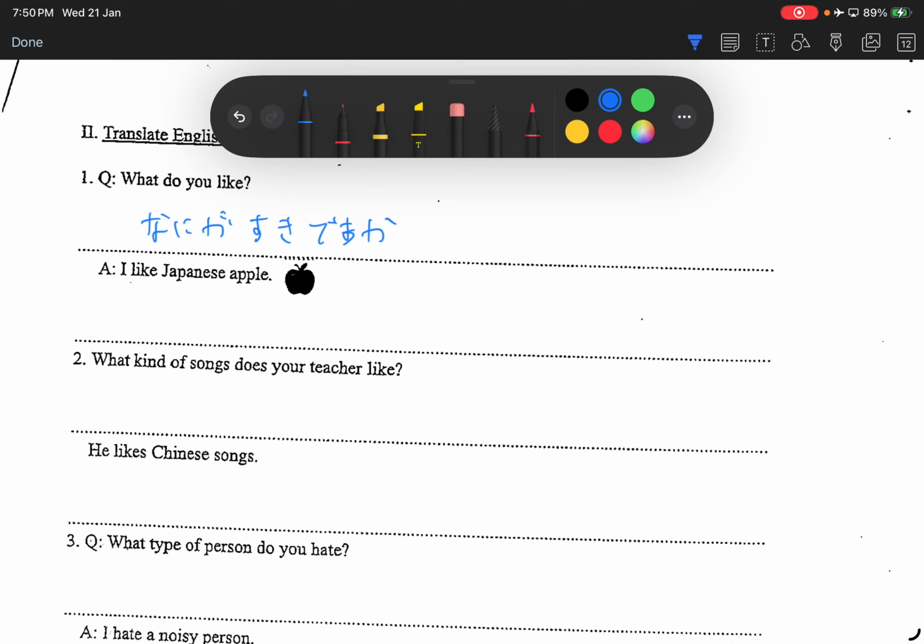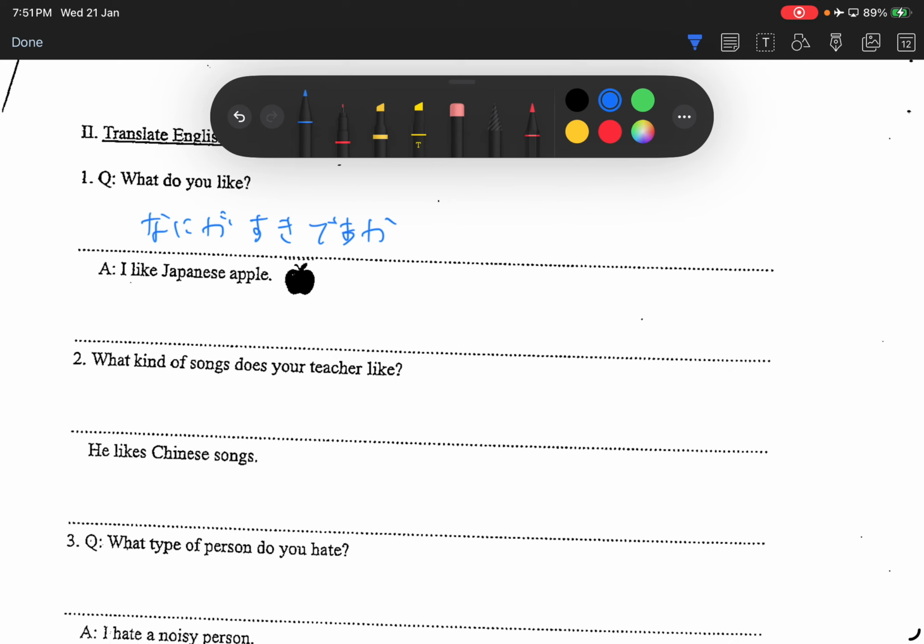Okay, number 2. What kind of song does your teacher like? Translate this for me. Sensei wa donata ga suki desu ka? Donata means who.